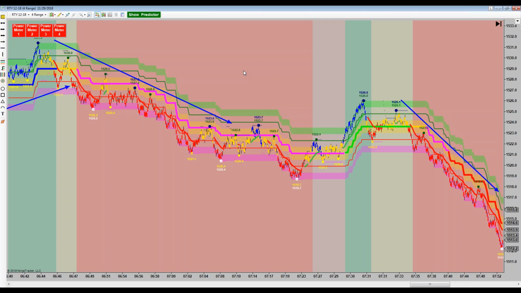No, these are swing levels right here. After a swing level is established, this dot paints, and just the way the algorithm's written, some are bigger than others. There's no real statistical significance to that in terms of your trading. It's just the way the script was written.